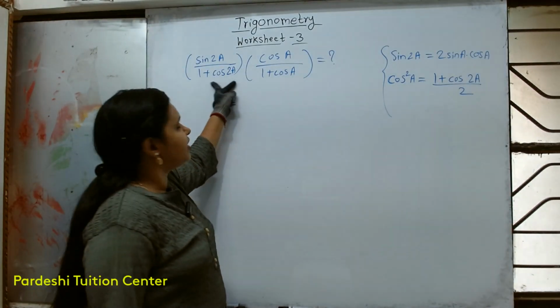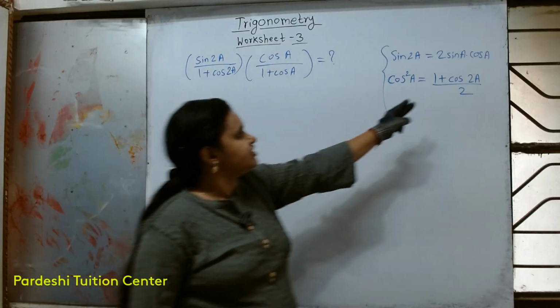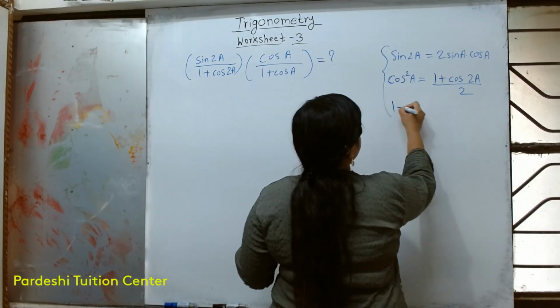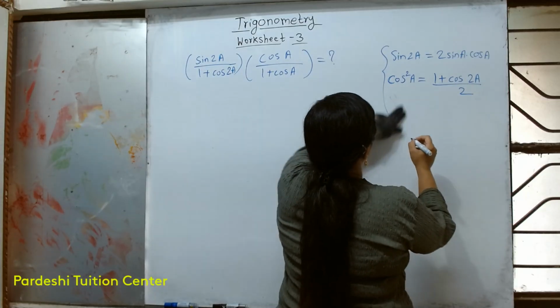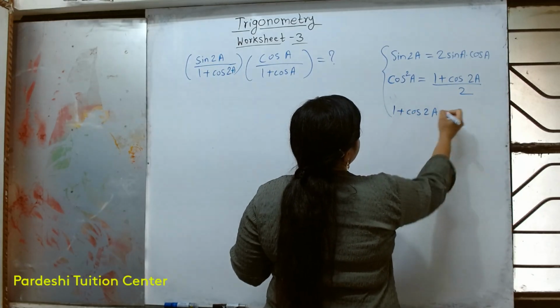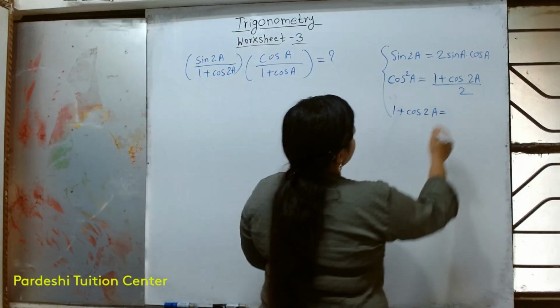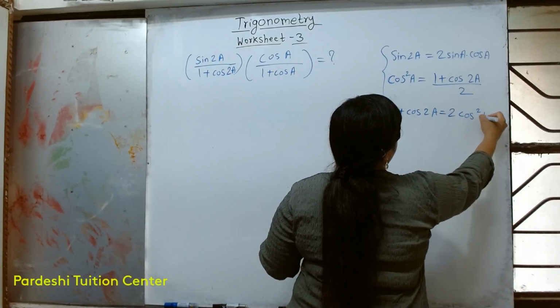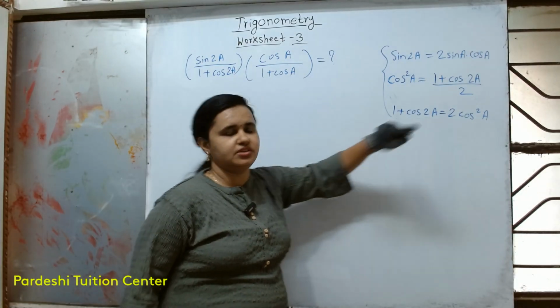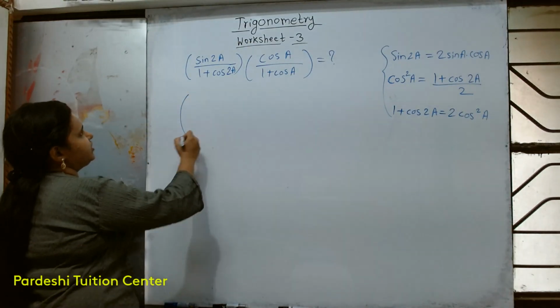So here it is 1 plus cos 2a. From this we can calculate the value of 1 plus cos 2a, which will be 2 into cos square a. From this formula we have calculated 1 plus cos 2a, so we can directly put in the value.